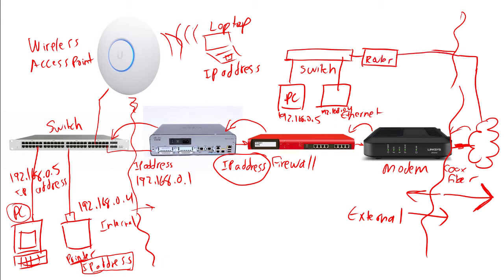So if your neighbor decides to send a message to your PC, he's got to send it to his router, and his router will send it to your router through the internet, and then your router will readdress it back to your PC.